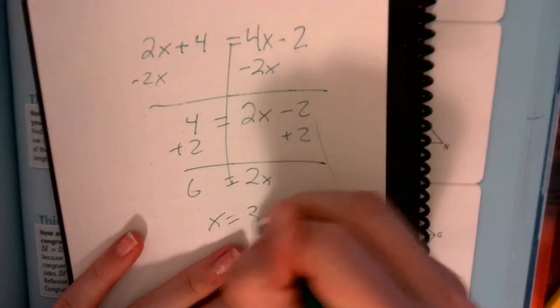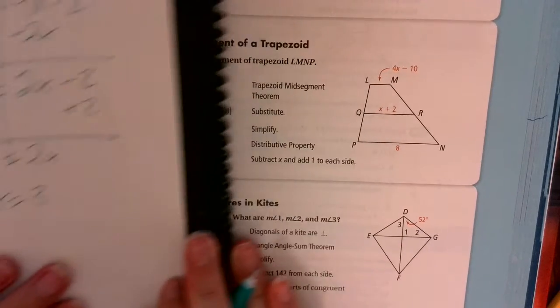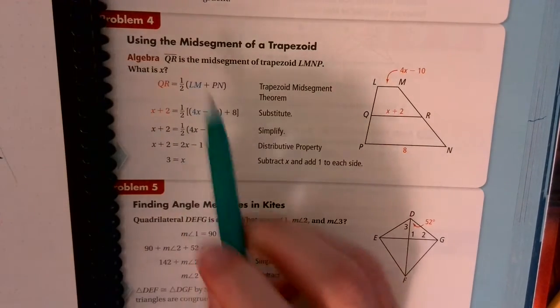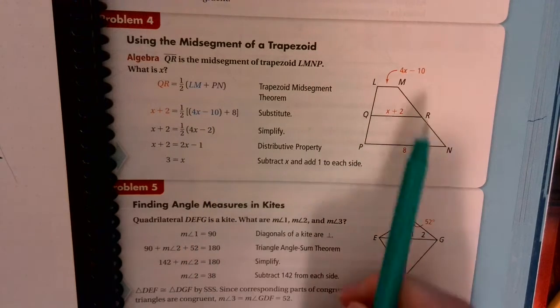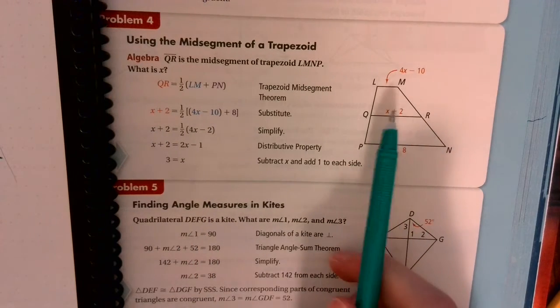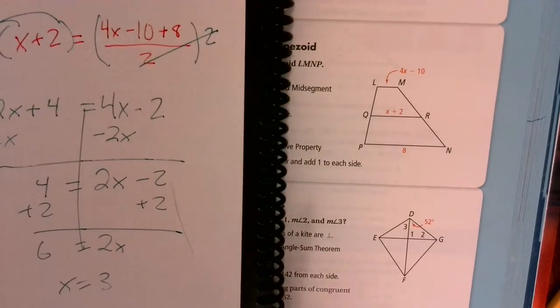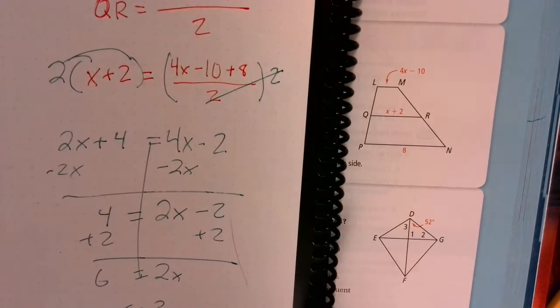Well, x equals 3. So now that I know x equals 3, really I could plug x back in and know that QR equals 5, 3 plus 2. So that's important to understand about mid-segments and how to do those.